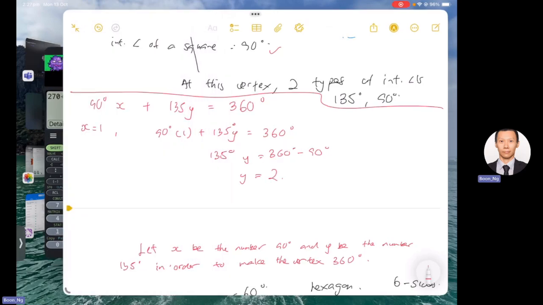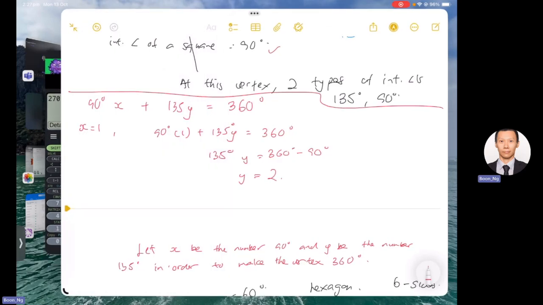That is 2. Okay, so it means that 90 degrees is pairing with 2 of 135 in order to form a tessellation.